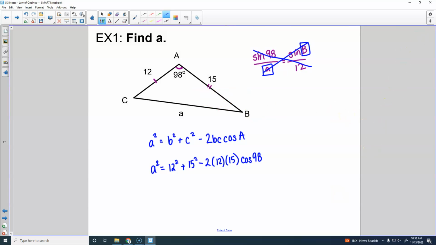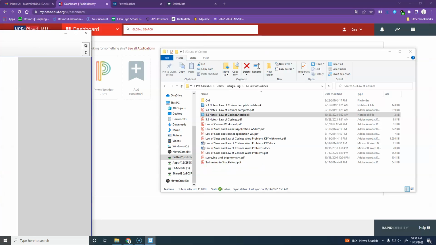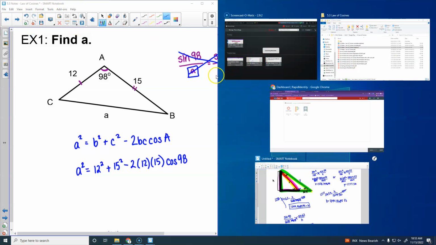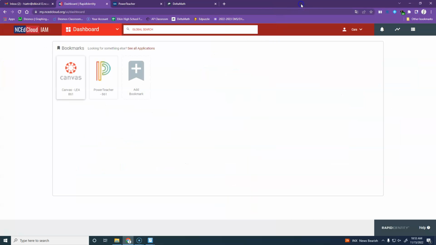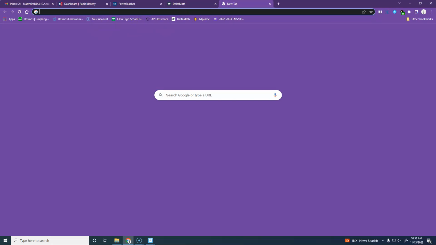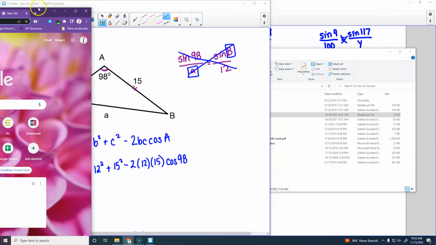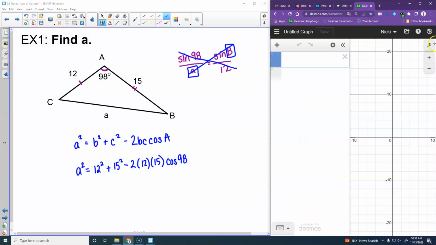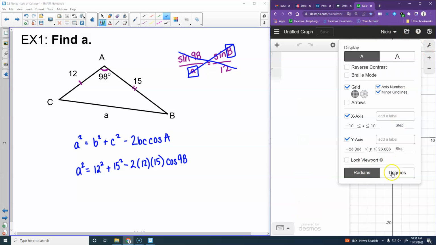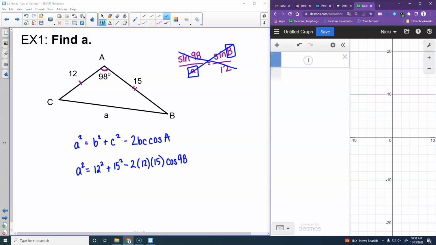Now, here's the good news about this. You can type all of this into your calculator at one time. So either using your handheld calculator, or I'll use Desmos today because most of us are on Desmos because our calculators are missing. If you do use Desmos, be careful because default on Desmos is radians. We want degrees. So make sure you hit the wrench and go to degrees if you're using Desmos.